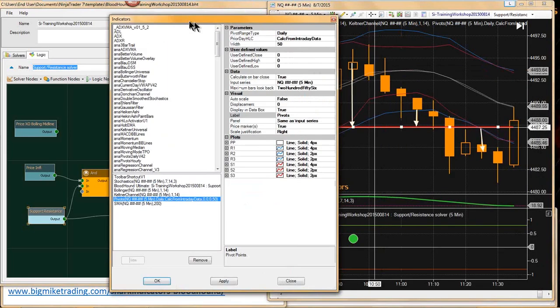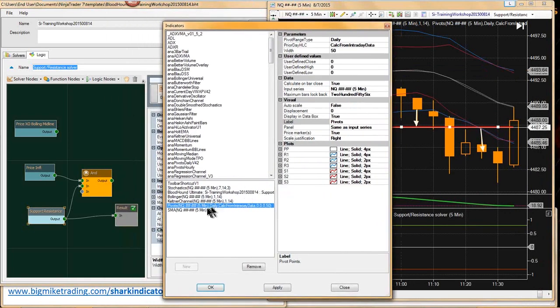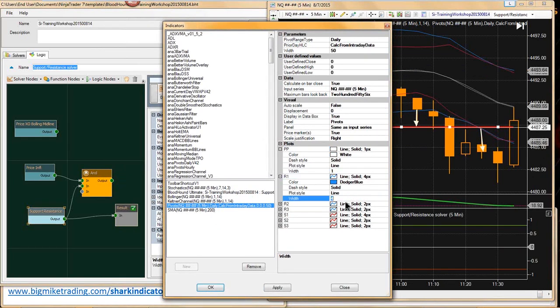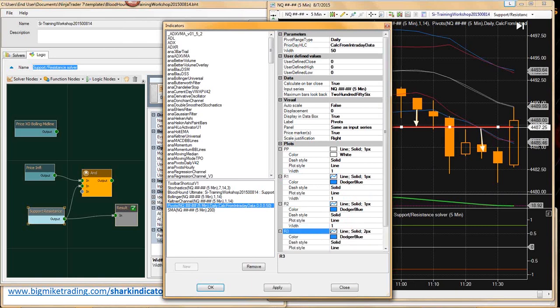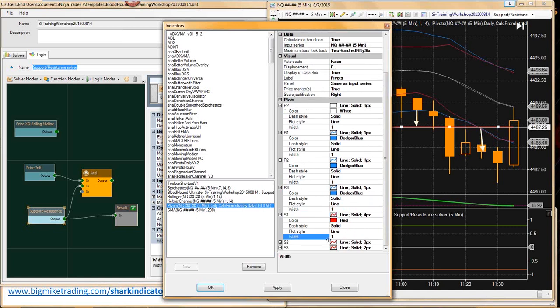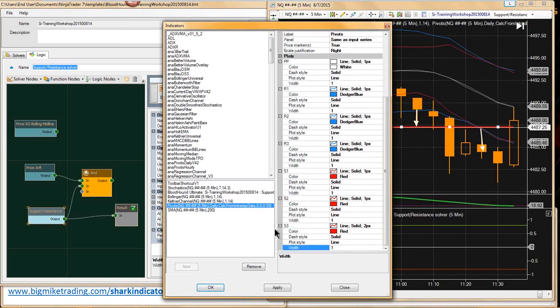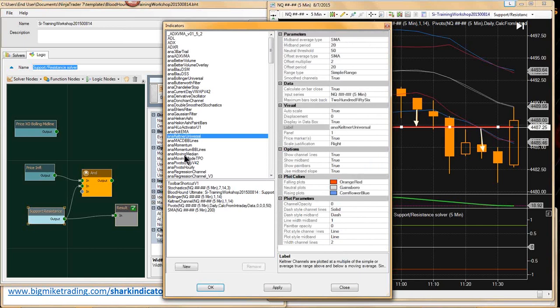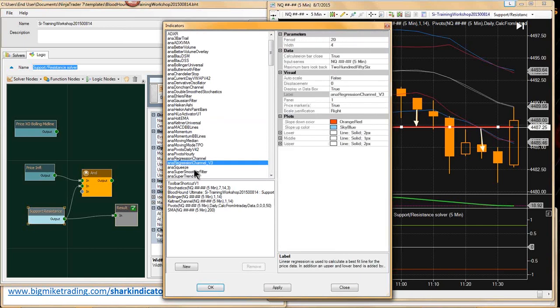Let me get a regression channel on my chart so we can visually see it. First, I'm going to fade the pivot indicator into the background. All right, I'm going to grab the Anna regression channel.